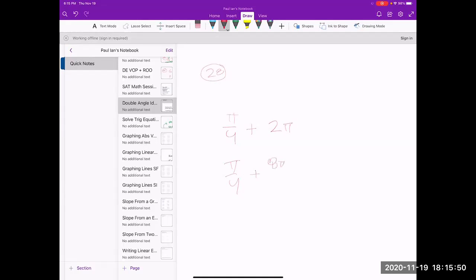That was if it included both positive and negative solutions. But if it's only positive, you add 2 pi. That's why it had pi over 2, pi over 4, 2 pi over 4. That was if it had positive and negative.